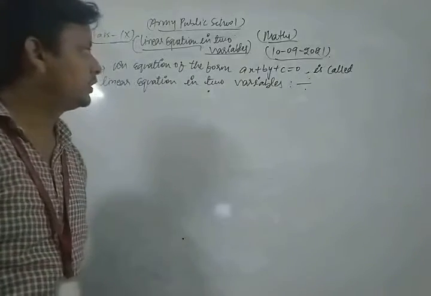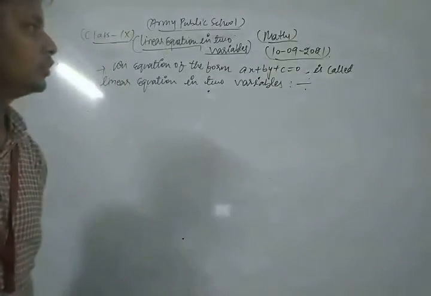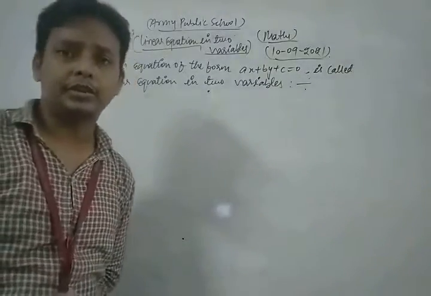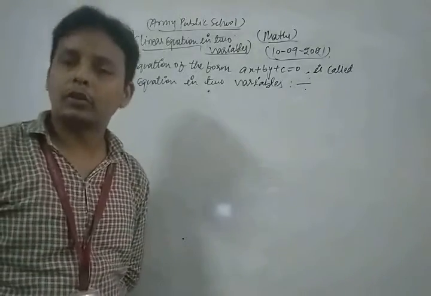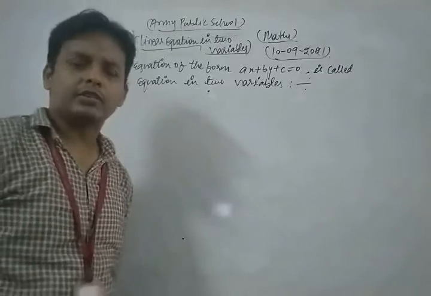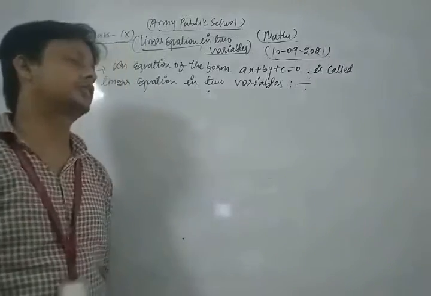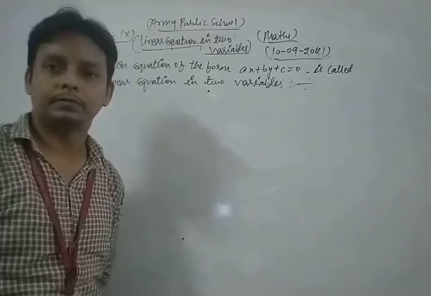Now, an equation of the form ax plus by plus c is equal to 0 is called a linear equation in two variables. Why is it said to be linear, dear friends? Because the highest power of the variable is 1. If in any equation the highest power of the variable is 1, then it is said to be a linear equation.